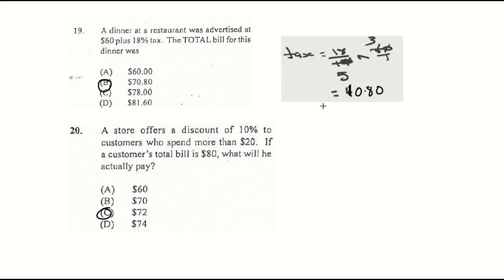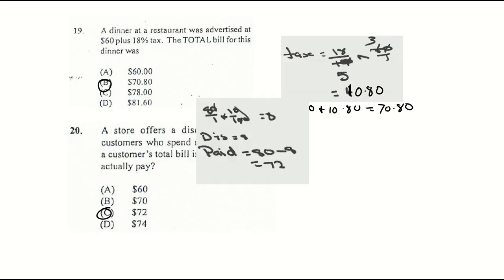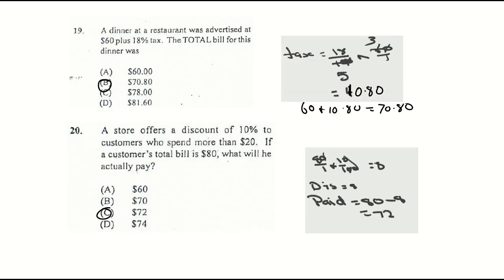And then you would have gotten 60 plus 10.80, which is $70.80. This one here, your discount is 10% of 80, which is 8. So he will pay 80 minus 8, which is 72.